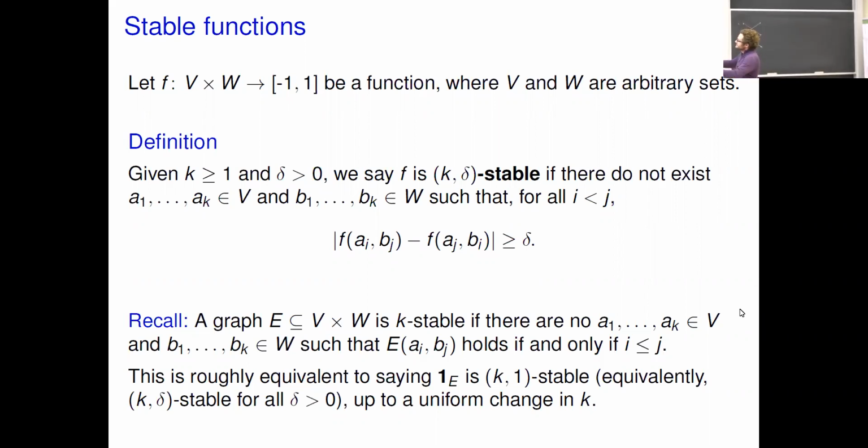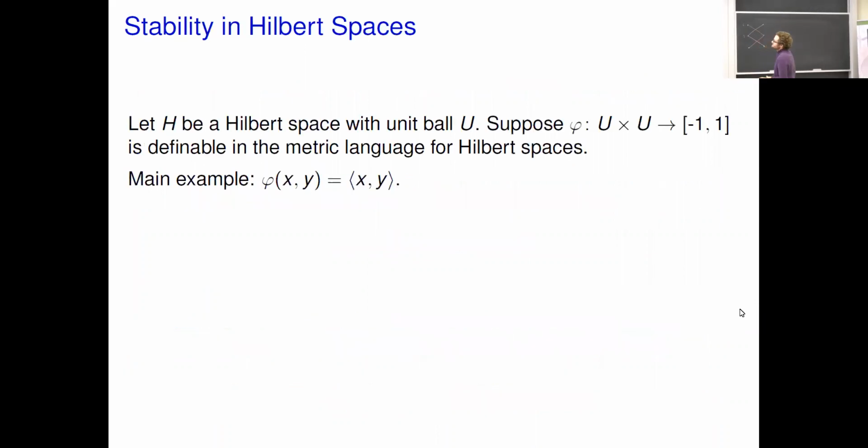So I'm going to start with some examples of stable functions because there are lots of nice examples. There are lots of nice examples of stable graphs as well, which people are very familiar with, but there are lots of new examples of stable functions in different mindsets, and a lot of them come from the setting of Hilbert spaces. If some of the language is unfamiliar, that's okay, because we're going to simplify things down to very concrete examples.